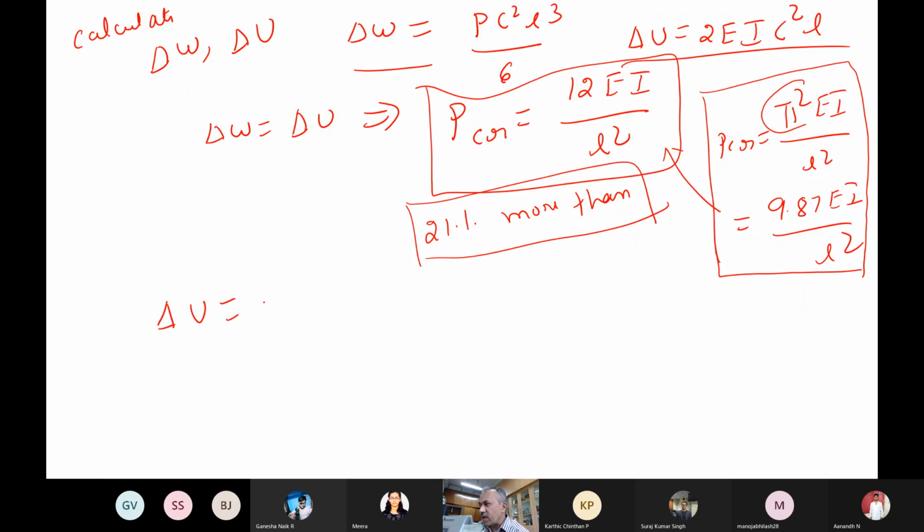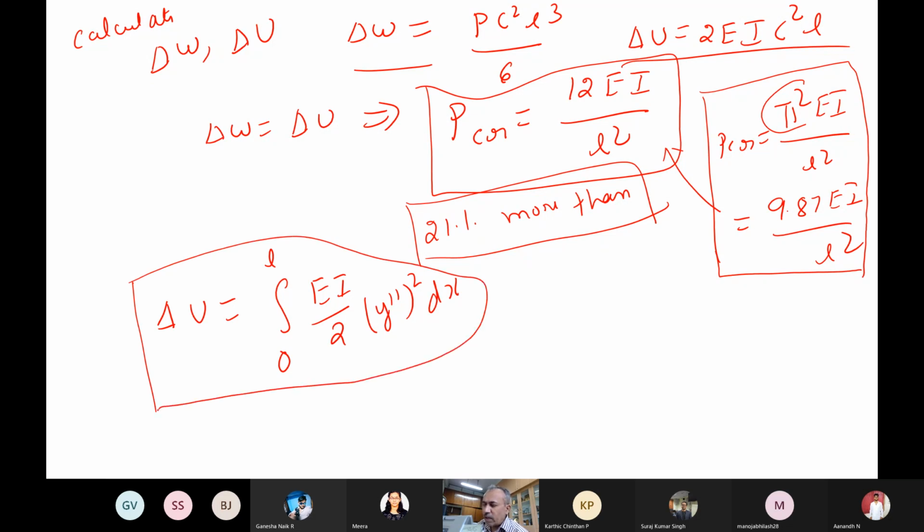If you see the strain energy, our original expression was EI by 2, integral of y double dash square dx. We have directly written it in terms of y double dash. The intelligent way is, since the y double dash approximation is not proper with this polynomial, we can also do it like this. The original strain energy is integral of M square by 2EI.